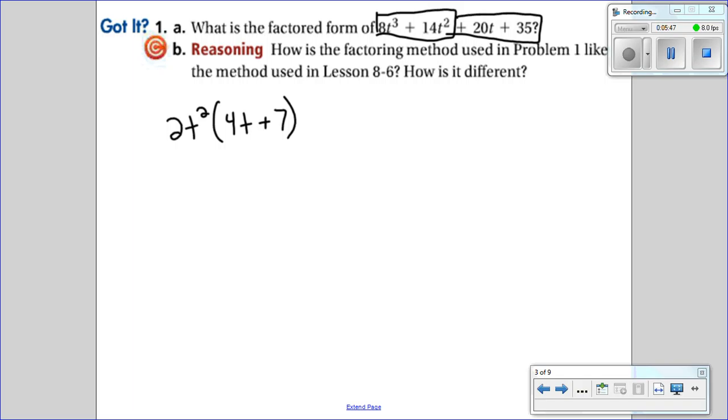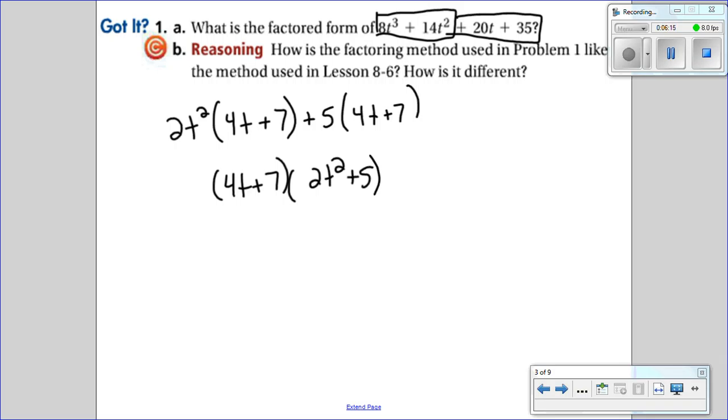The highest factor for the second pair is a 5. 20t divided by 5 is 4t. 35 divided by 5 is, you guessed it, 7. And so our final answer is 4t plus 7 times 2t squared plus 5.